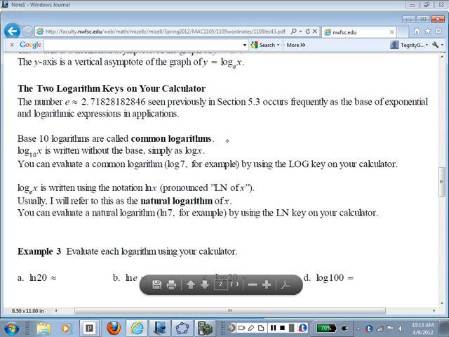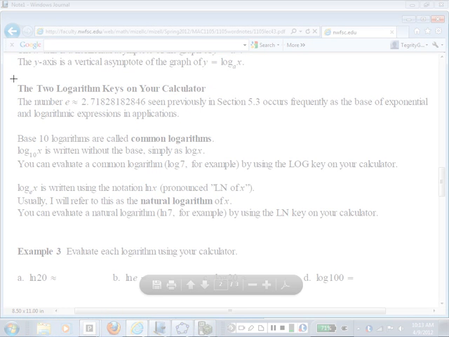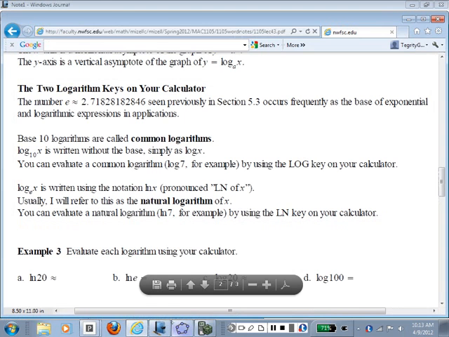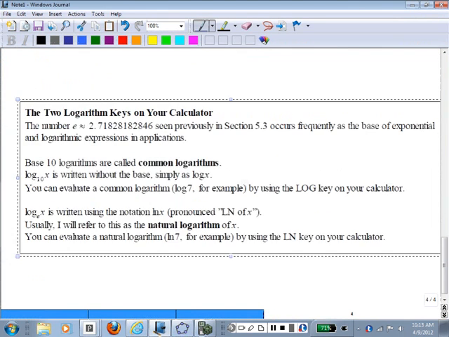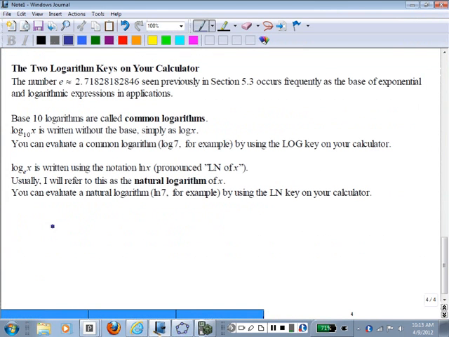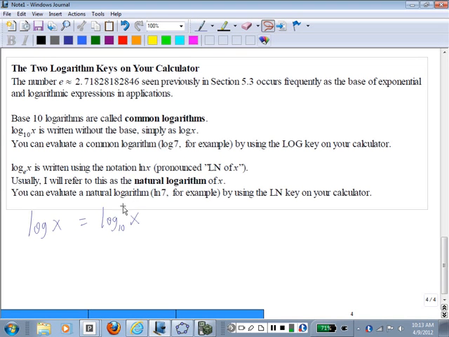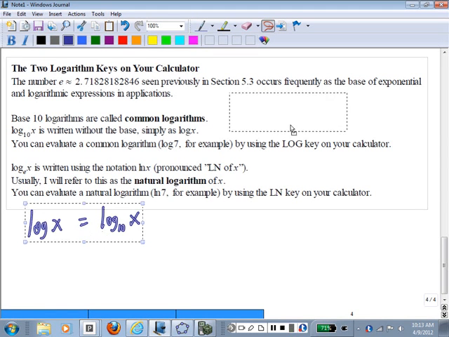When we don't write the base, when we just write log of x, it's understood to be base 10. Log of x means log base 10 of x.